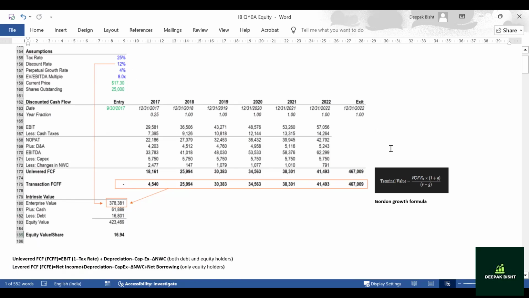The one problem here is that it's too much dependent on the future assumptions. So DCF is actually too much dependent on the future assumptions which are used here, and the assumptions which are used to forecast the terminal value. So assumptions far in the future are inherently uncertain.